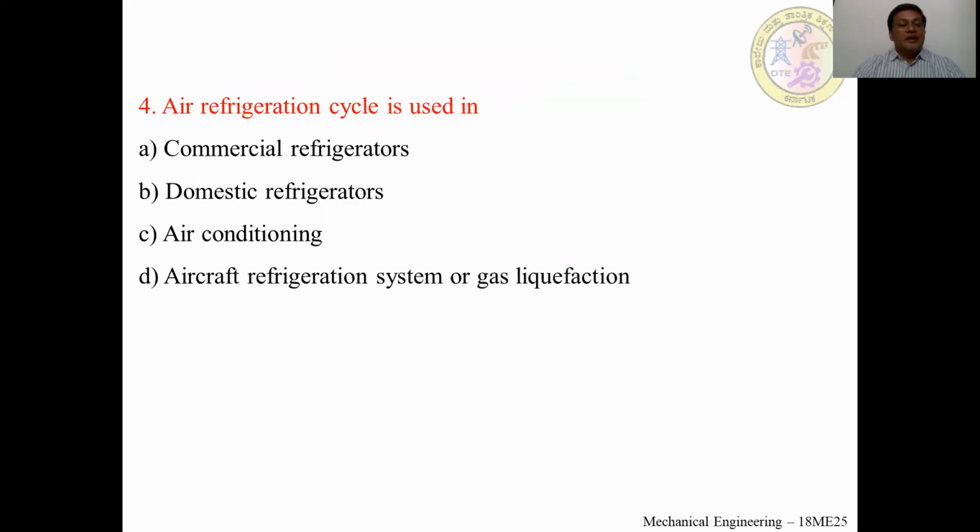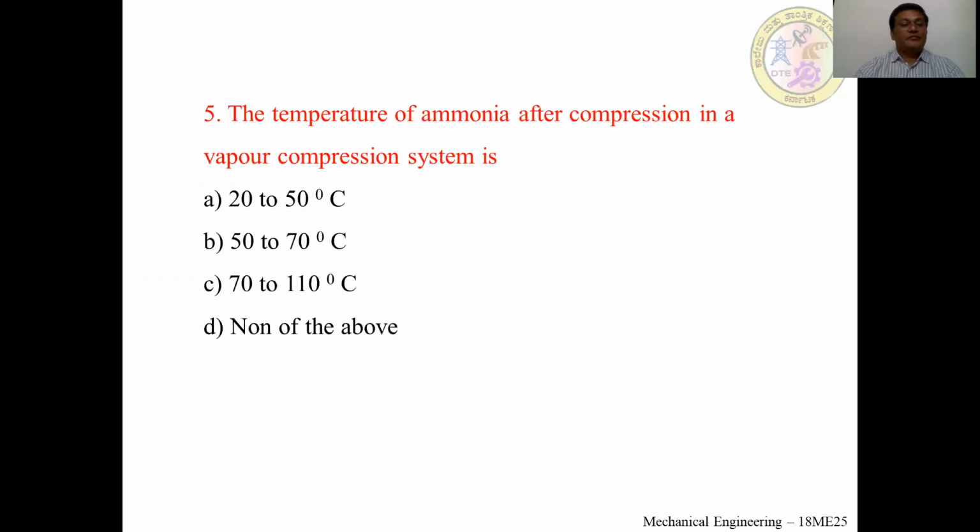Next question: the air refrigeration cycle is used in: first option, commercial refrigerators; second option, domestic refrigerators; third, air conditioning; and last option, aircraft refrigeration system or gas liquefaction. The right answer is D, because the air refrigeration cycle is used in the aircraft refrigeration system.